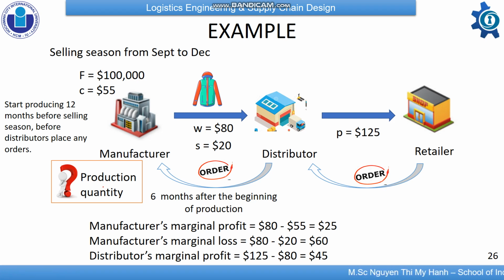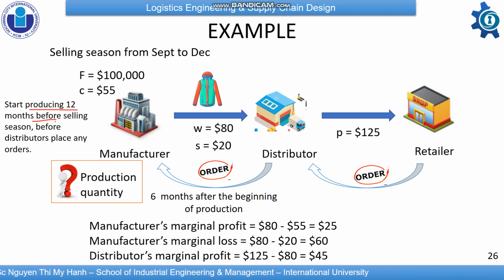The manufacturer starts producing 12 months before the selling season, before the distributor places any orders.